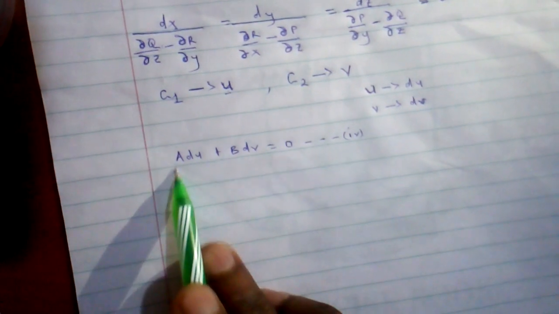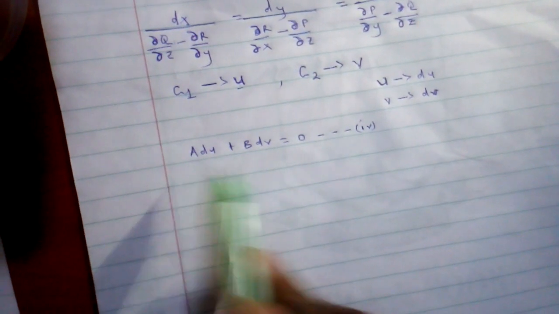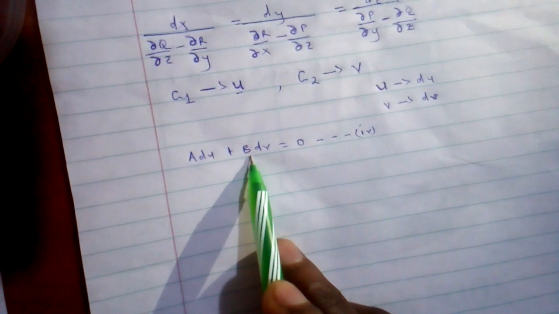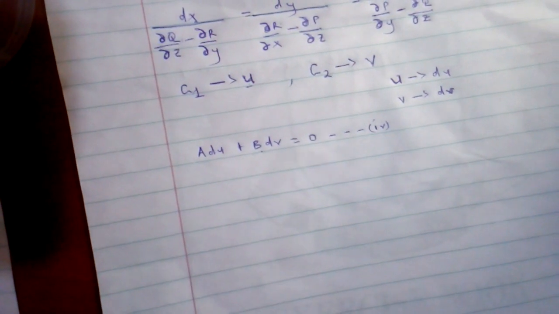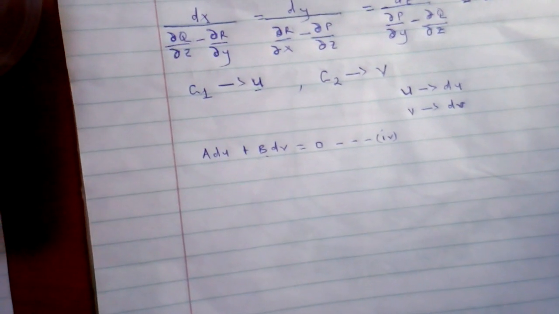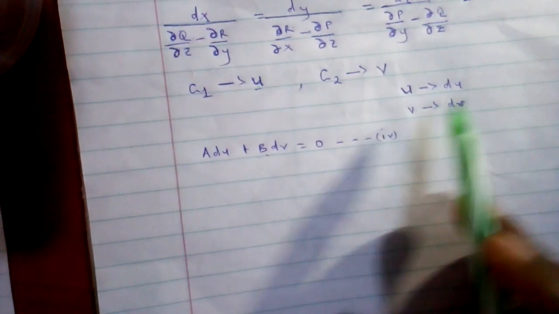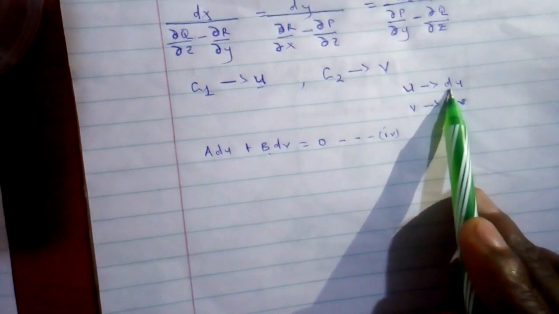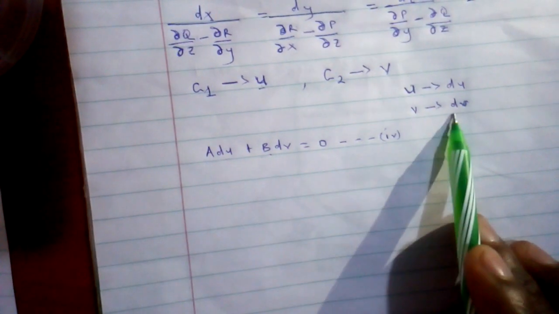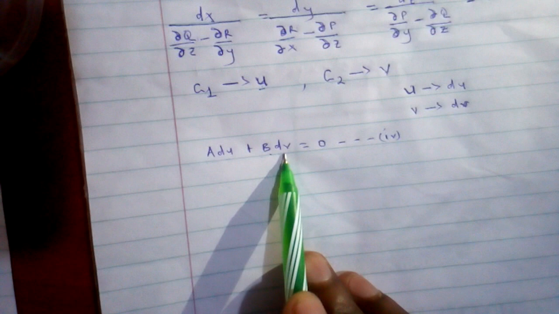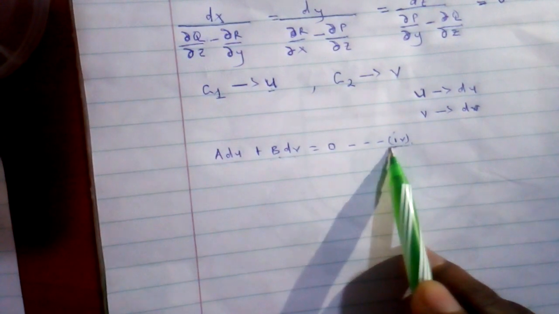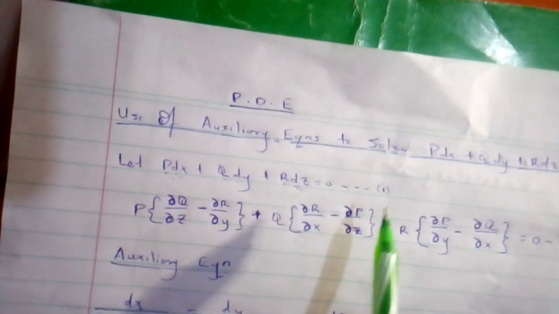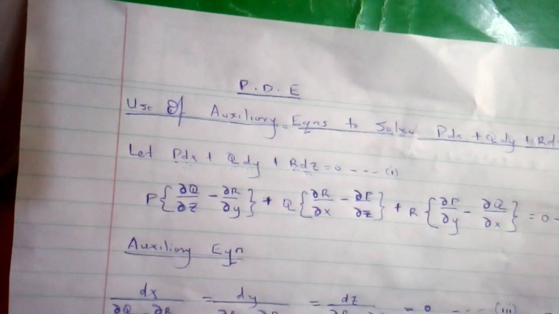After reaching this point, you obtain the values of A and B by just substituting du and dv in this equation, and then you compare equation 4 with our initial PDE, equation 1.